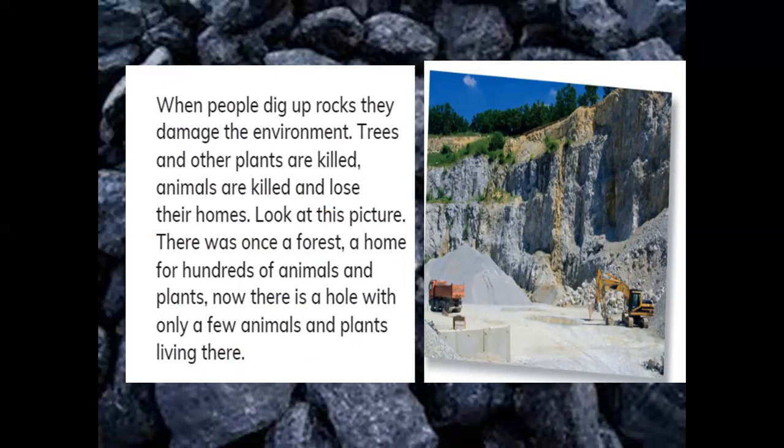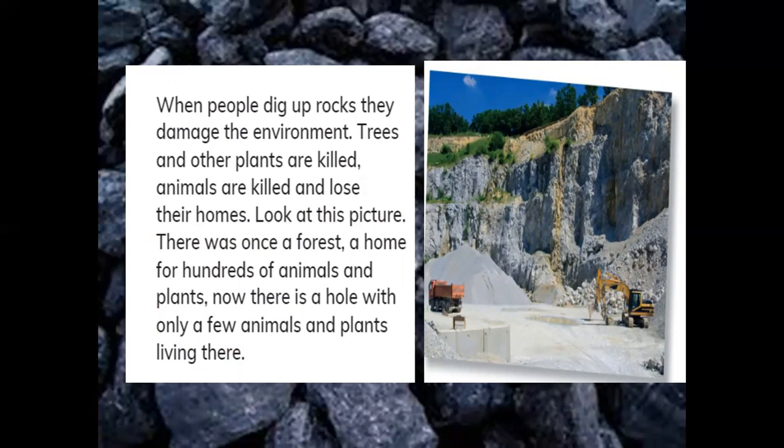Okay, you know that on one tree there are different animals, they make their homes. So when we cut one tree, we destroy homes of many different animals. Okay, and we kill the tree as well.